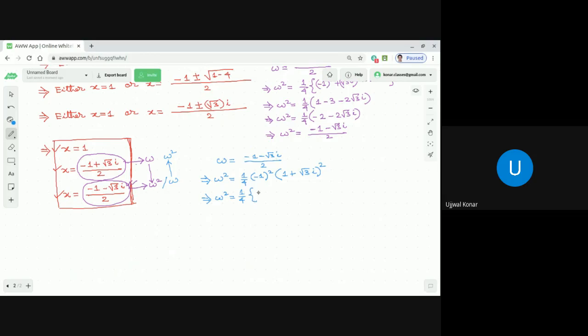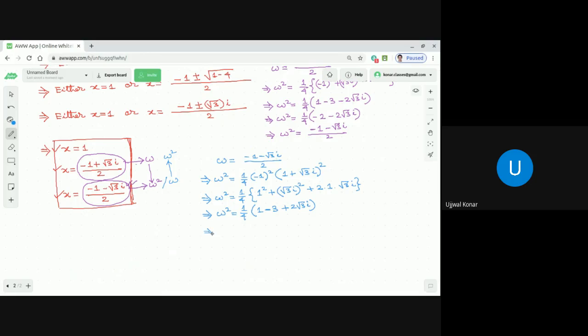Then it is 1 square plus root 3 into i whole square plus 2 into 1 into root 3 into i. So omega square is equal to 1 by 4, 1 square is 1, root 3 i whole square is minus 3, and plus 2 into root 3 into i.